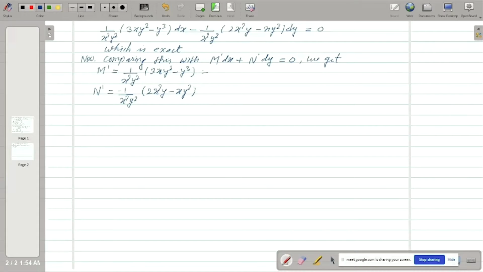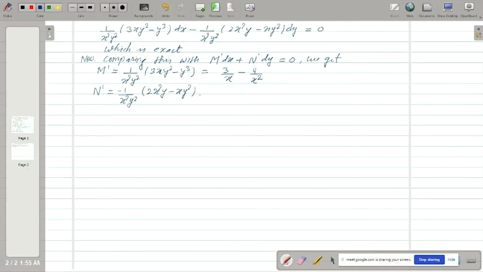Just simplify this first, multiply inside. So you'll get 3 upon x, since 1x and 1x cancel, y square cancels, and here minus y upon x square.